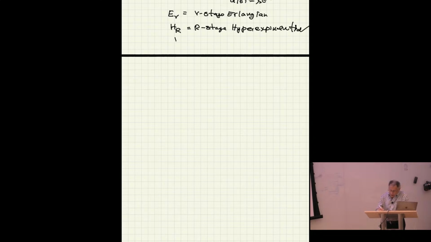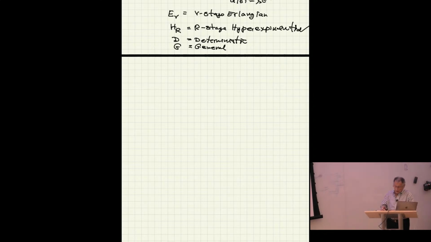Or the symbol D stands for deterministic. Namely, there's nothing random about it. Every 2 seconds, somebody comes in. Each person that comes in needs 1.5 seconds for service. Bang, bang, bang, bang. Very simple, trivial system. Or we could use a symbol G to say it's general. I don't know which of these it is. You tell me what the distribution is. I got to give you a solution.